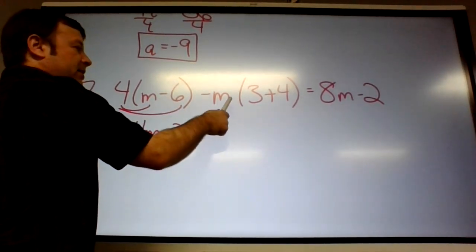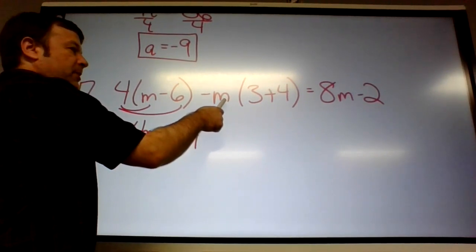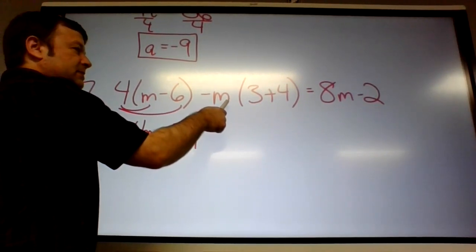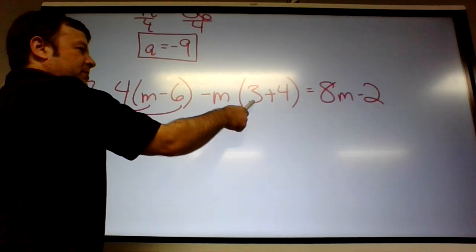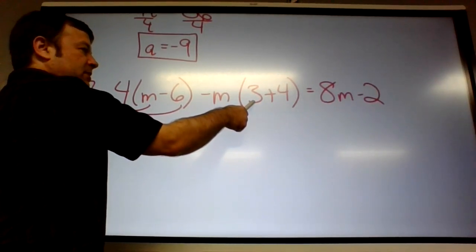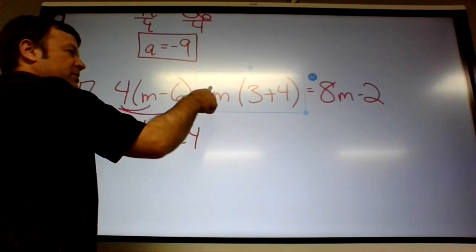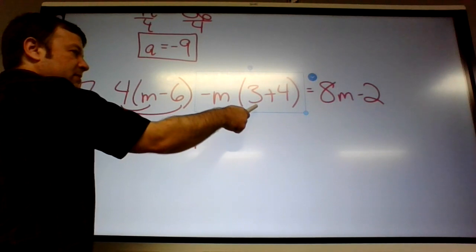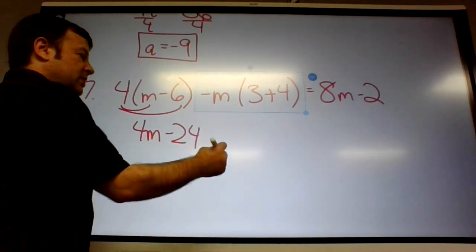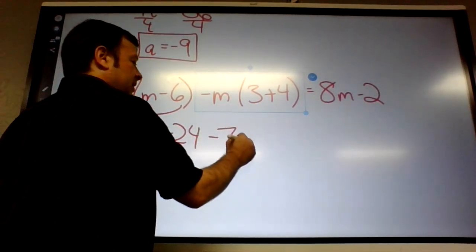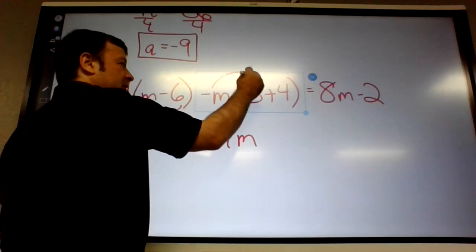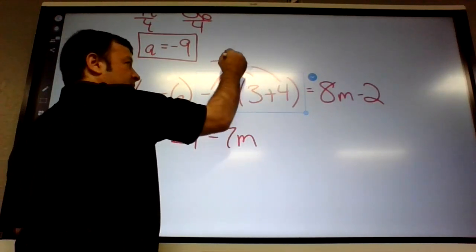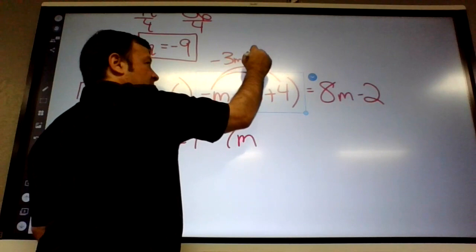Distribute. This one you could use the distributive property, but we could also do parentheses, because what's 3 plus 4? 7. And so what's negative m times 7? Negative 7m. Yeah. If we did the distributive property, it would just be minus 3m and minus 4m.